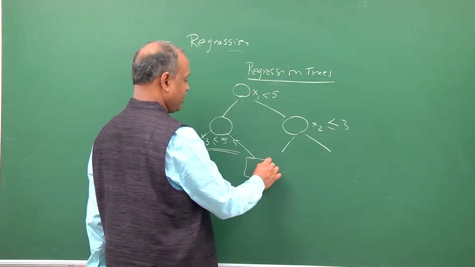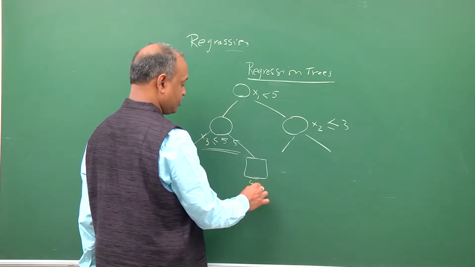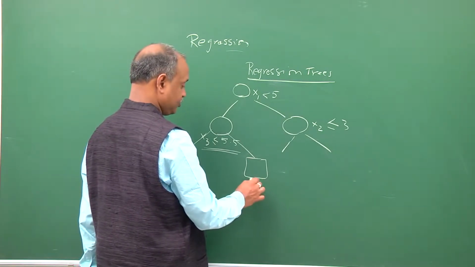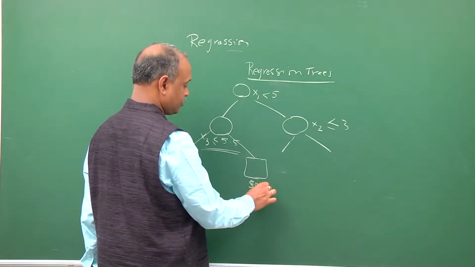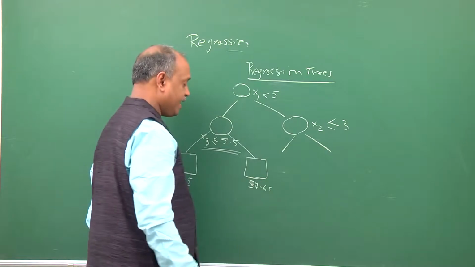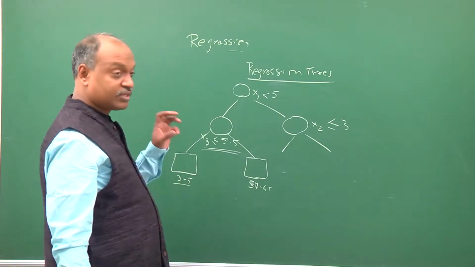Similarly, here you may have a range of data points between maybe 5.1 to 6.5. This is parameterizable in terms of the leaf node. What is the range you're looking at?